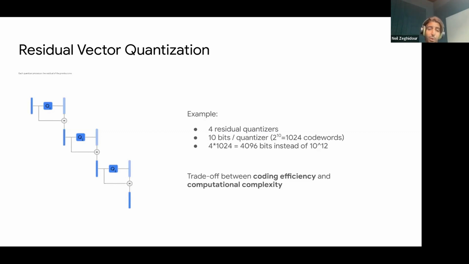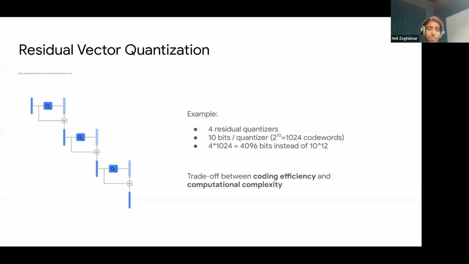To give you an example of how it allows scaling the bitrate, let's say we have 4 residual quantizers. Now, instead of using 40 bits with a single vector quantizer, we split it uniformly across the 4. So now there are 10 bits per quantizer, which means that we only need 1024 code words per quantizer.